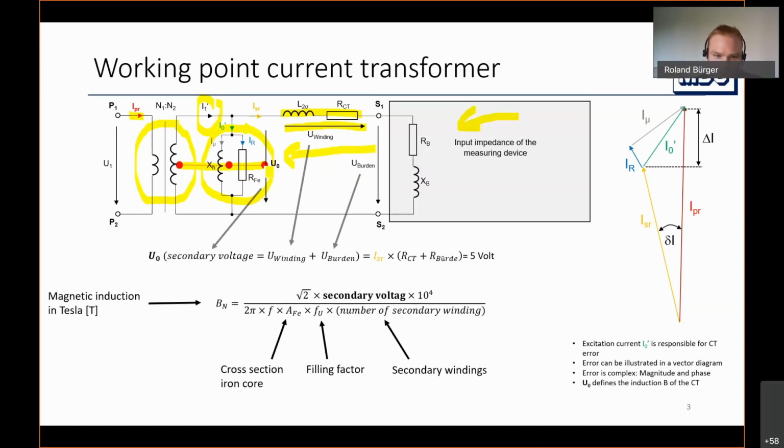And because of the core, we have a non-linear device. And we will see how to solve this problem. Of course, if you change your measuring device, you have another burden, and then you get another voltage, and then you are taking another working point for your current transformer. And of course, the current is going, for example, from 0 to 5 amps.